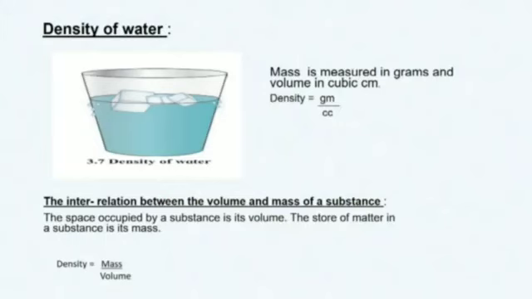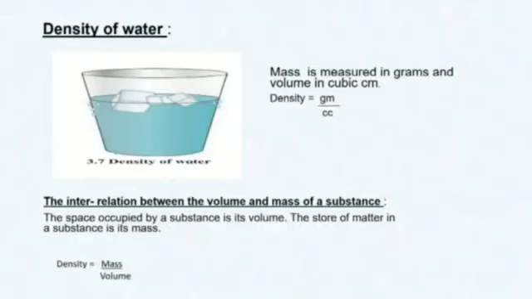Let's know about density of water. What is density? Density is a word used to describe how much space an object takes up in relation to the amount of matter in that object. To understand this, let's perform an activity. Take some water in a pot and add a few pieces of ice to it and observe what has happened.